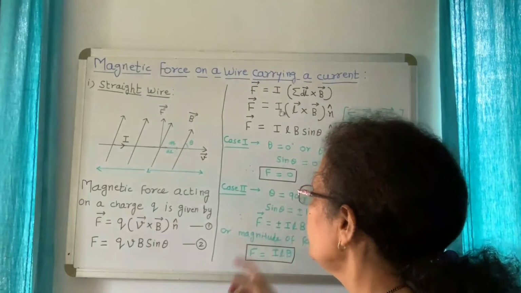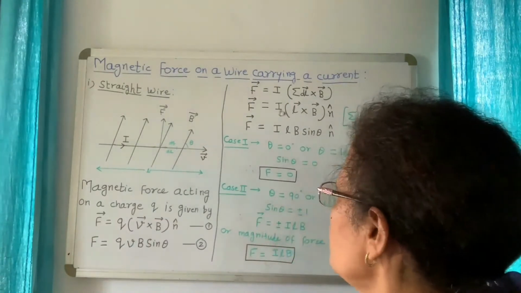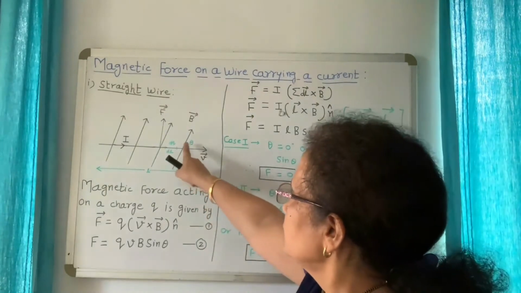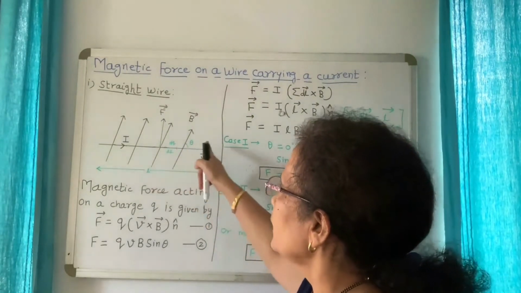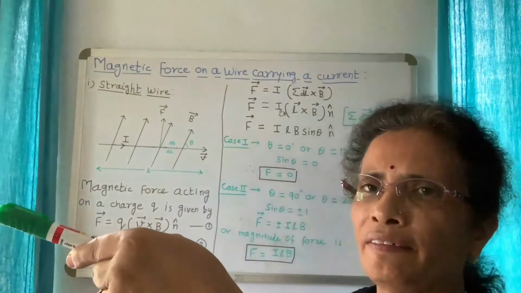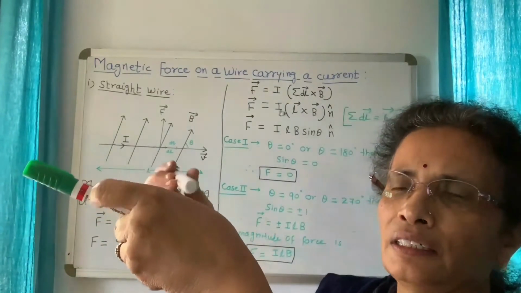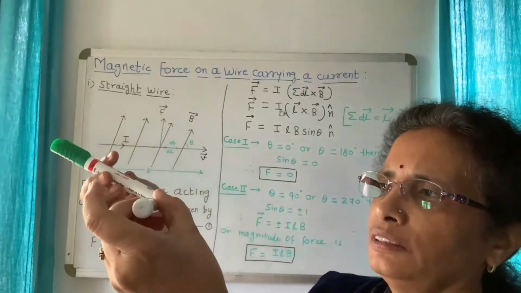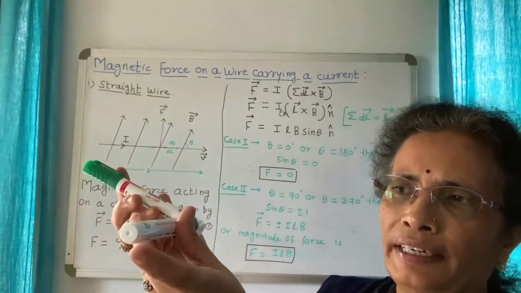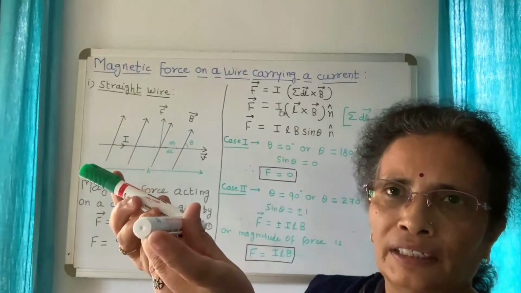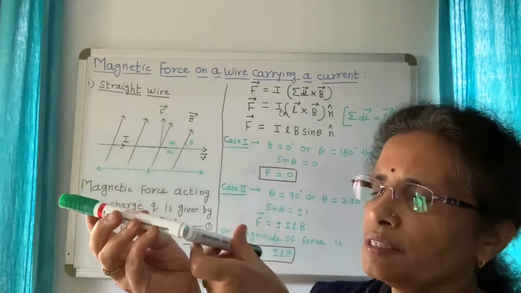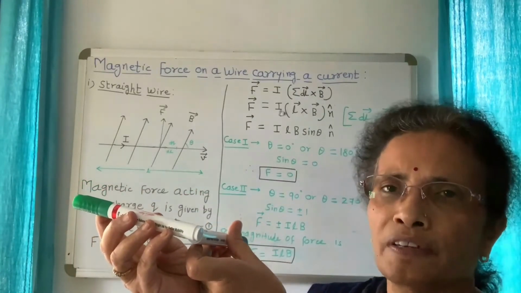Case 2: if theta is 90 degrees or 270 degrees, the angle between the current and the magnetic field is 90 degrees. If this is the direction of the magnetic field and this is the direction of the conductor, or the direction of the length, this angle is 90 degrees. Or if it is in the opposite direction, this angle is 270 degrees.